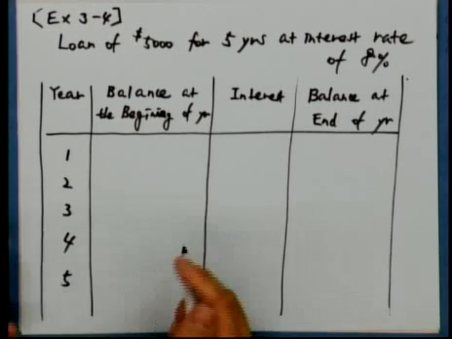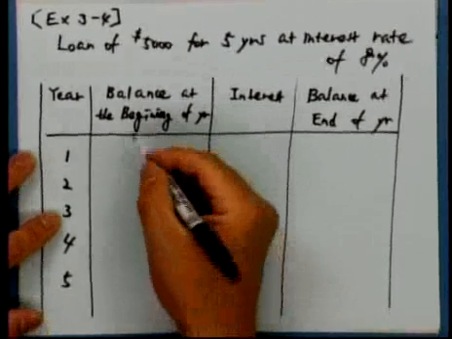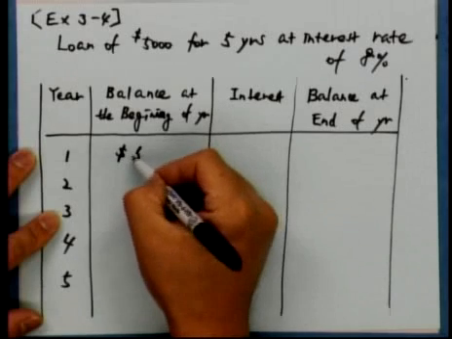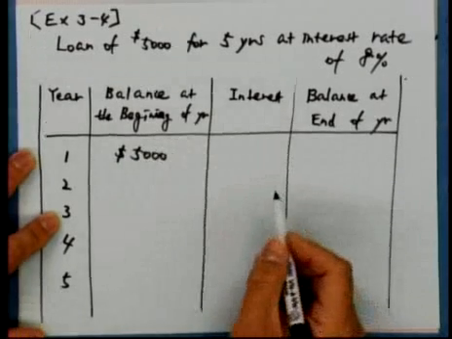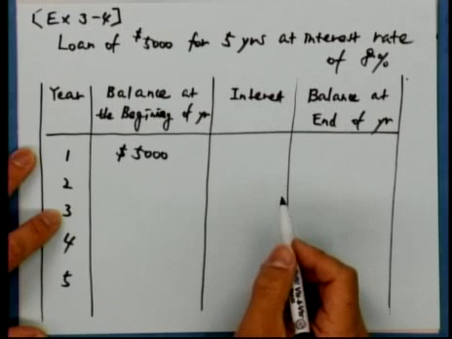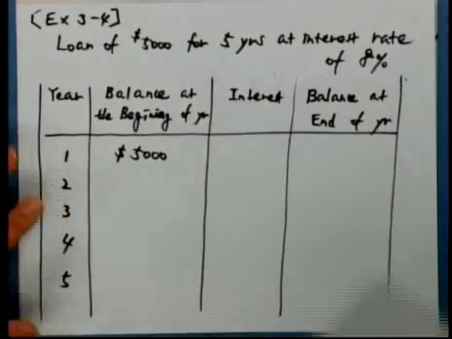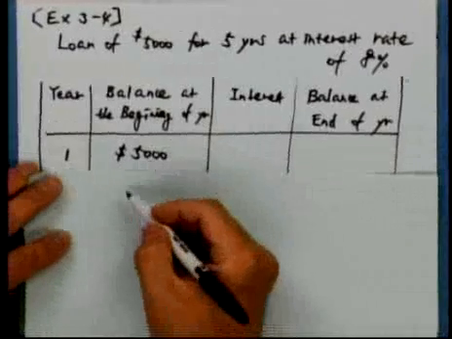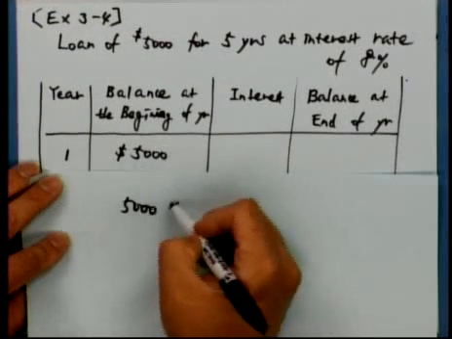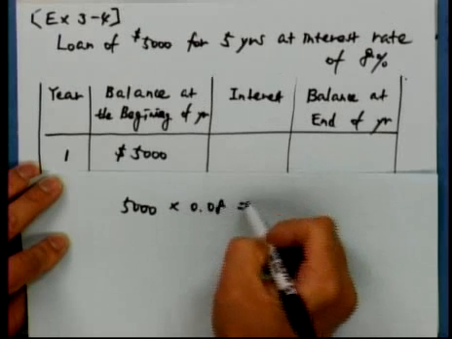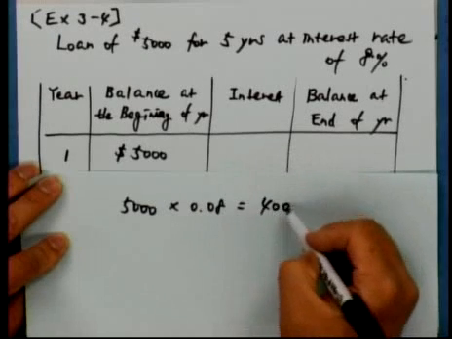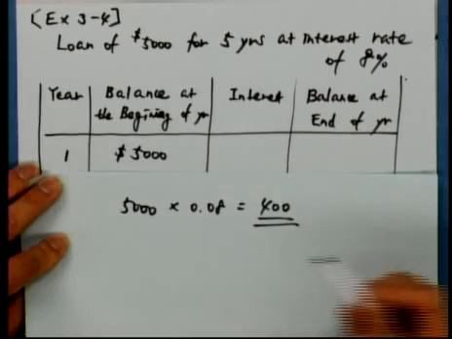And the original loan amount is $5,000, and the interest rate is 8% per year, compound interest. And the interest amount is how much? 5,000 times 0.08, which is $400 at the first year.